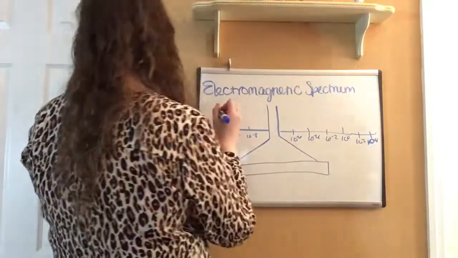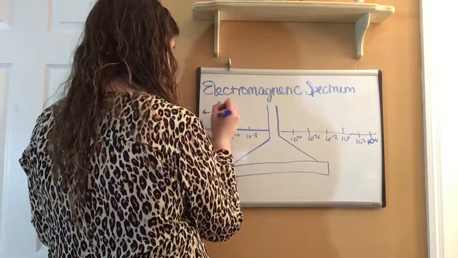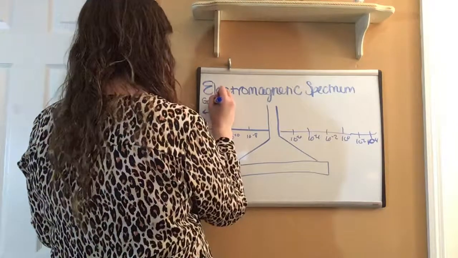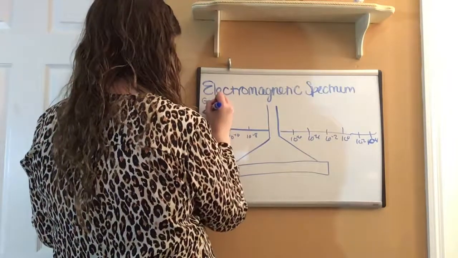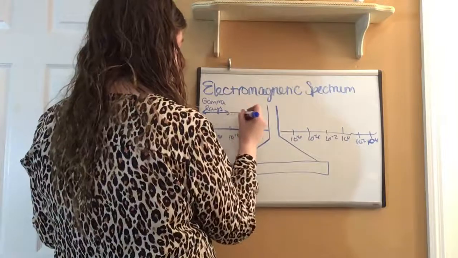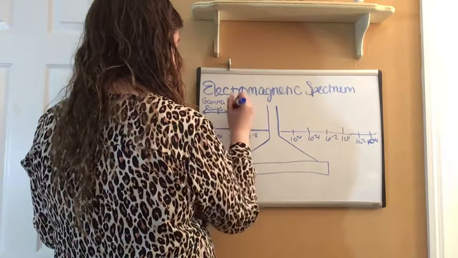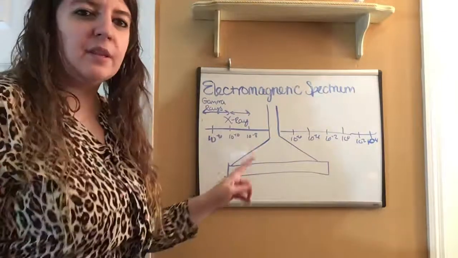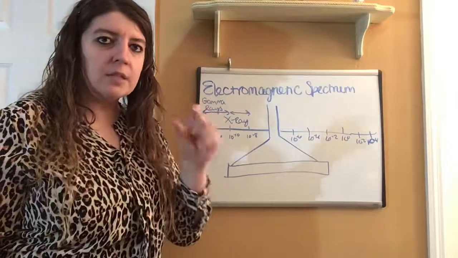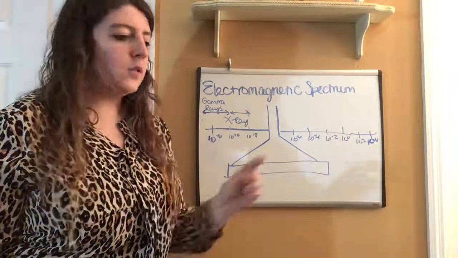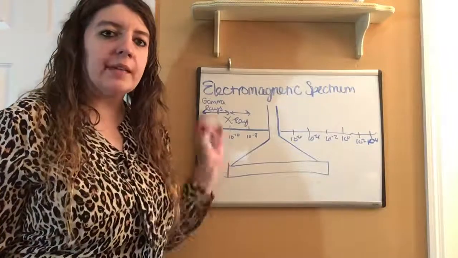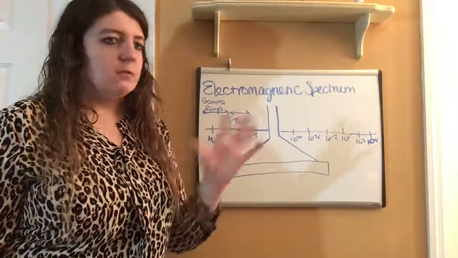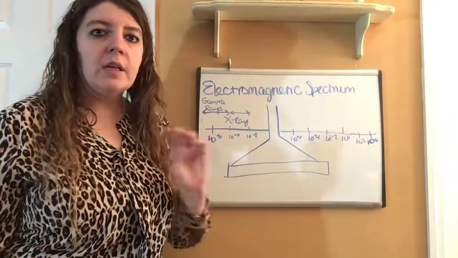So down here is going to be our gamma. We go from here to here, it's going to be our X-rays. So that's a pretty high frequency. They're pretty tiny, right? Really tiny light wavelengths. So that's why we easily can get X-rays and gamma rays to go through our body. They practically have no mass. They have very, very small wavelengths, so they can go through pretty much everything.